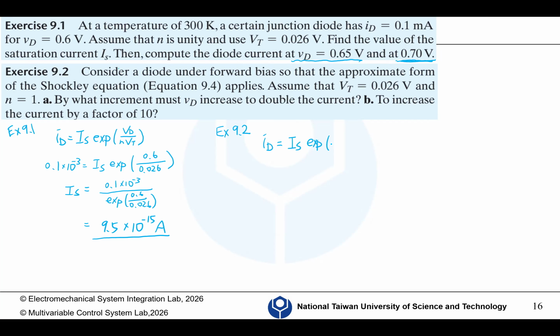ID equals IS exponential, this is VD over nVT. So we want to double the current. So we double the current to ID equals IS exponential, this is VD prime over nVT.